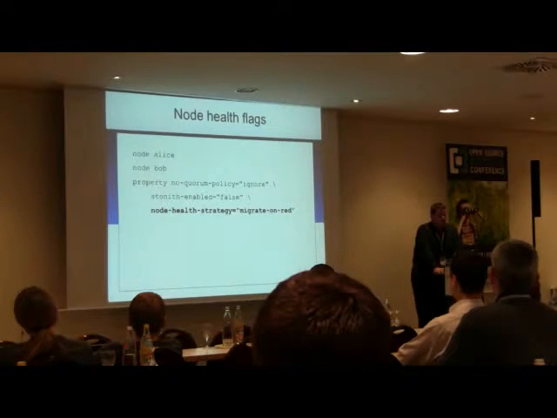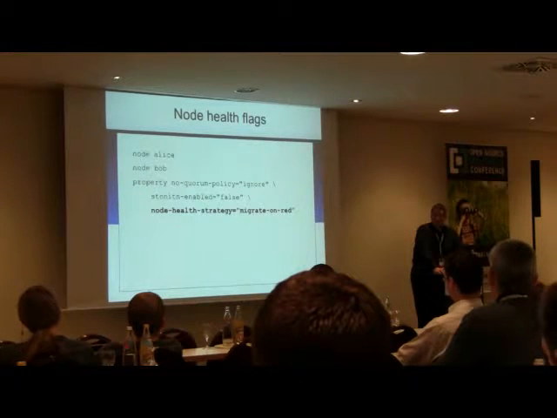The most important ones are migrate-on-red, as you can see here, and only-green. And what this setup is going to do is make Pacemaker move away resources from a node if it realizes that there's a node flag for a node available that is, for example, red.